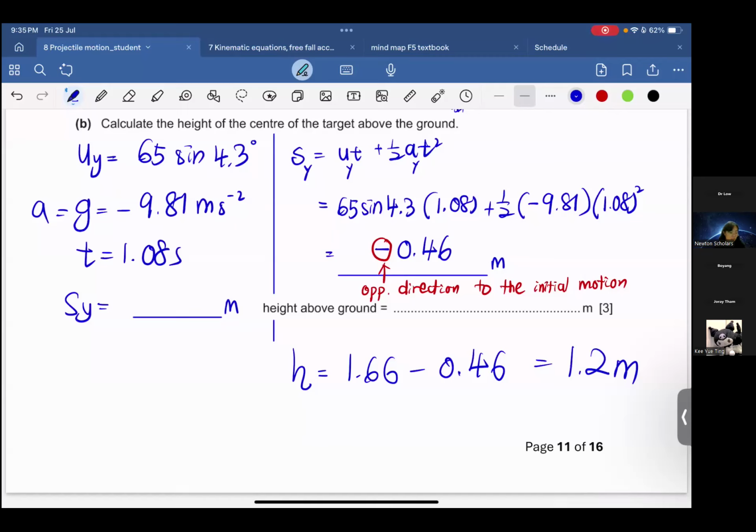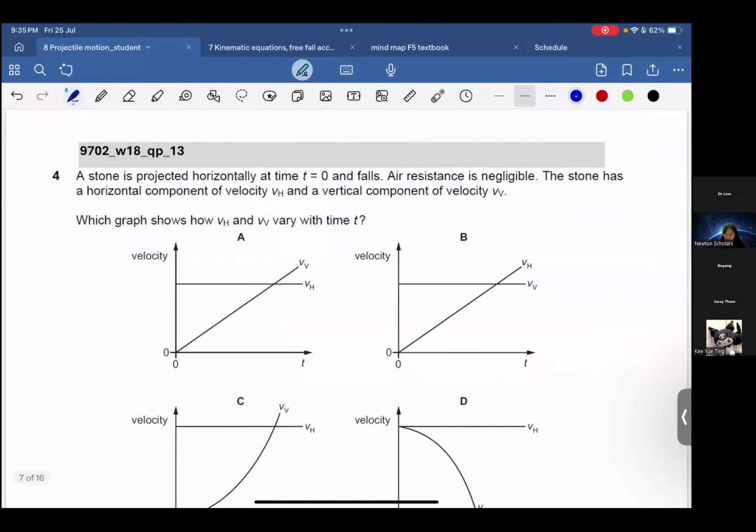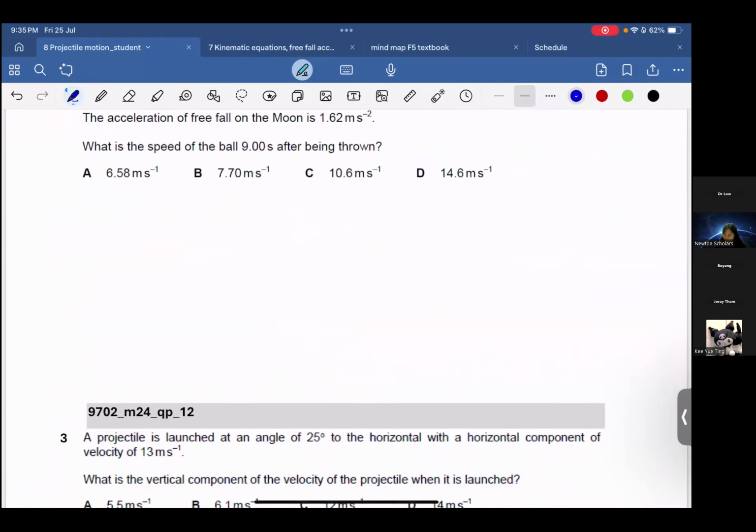No. Okay, boys and girls, just now I skipped 3 questions, page 6 and 7. For those 3 questions, you write down the final answer, and after that you solve it. Okay, page 6. You write down the final answer somewhere here.